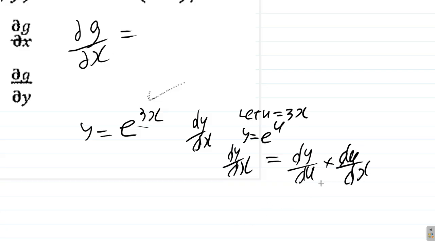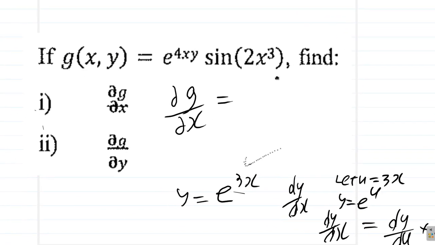You find dy by du, which is e to the u, times du by dx, which is 3. So you have 3e to the u. You differentiate the power and multiply by the e to the whatever you have there. Same argument applies.